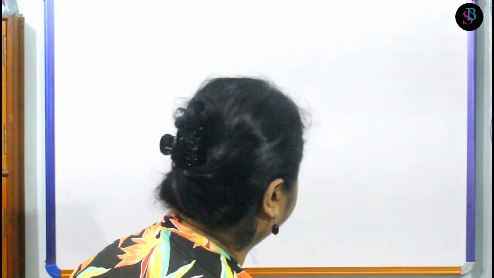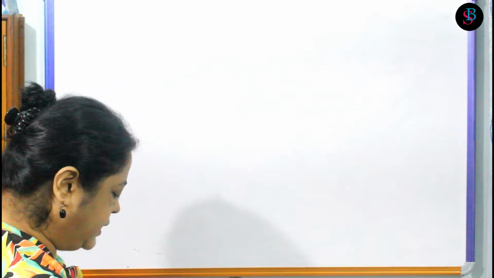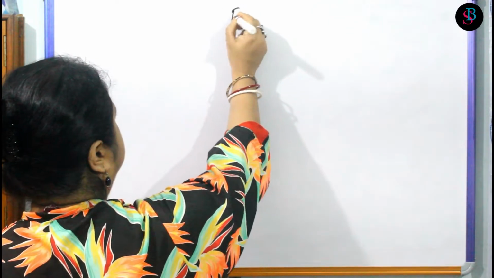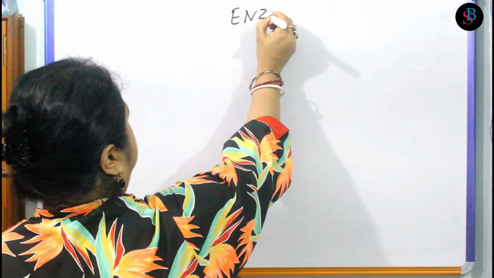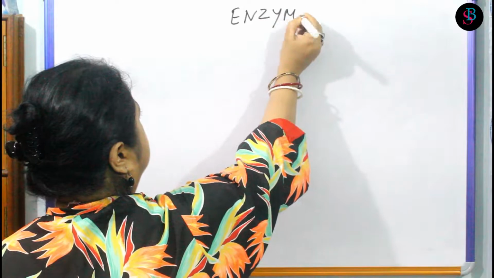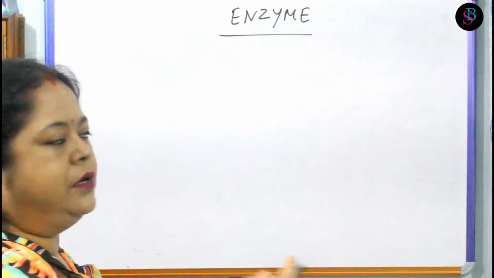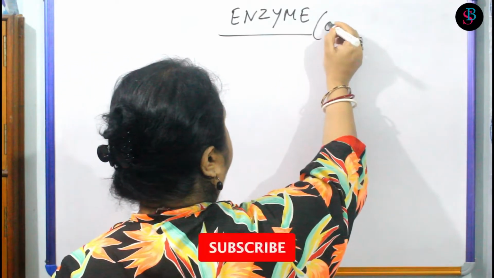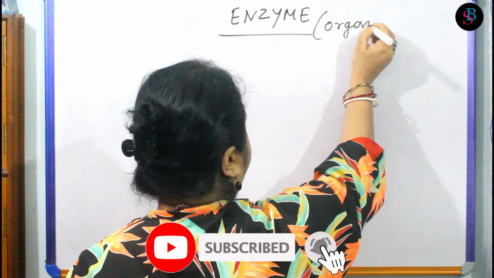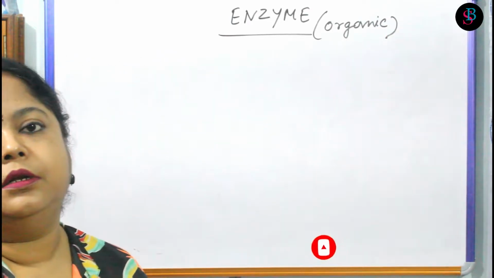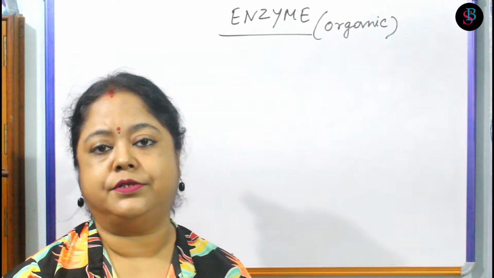Now I am starting enzyme. I think you know the term enzyme. It's a very common term and you are very familiar with this term. And it has similarity with another inorganic thing. Enzyme is the organic compound, whereas it has the similarity with another inorganic thing, that's the catalyst.